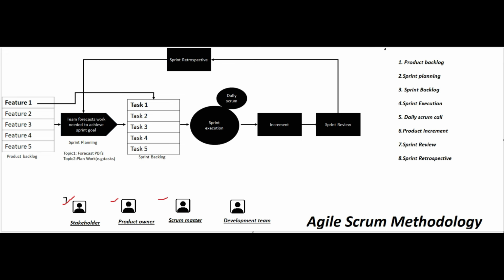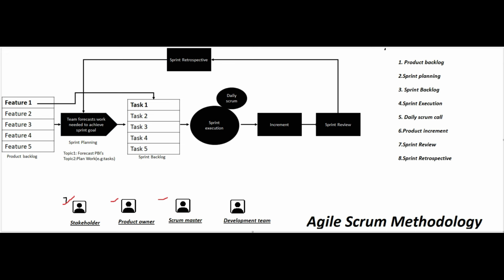Why? Because they are the ones sponsoring the budget to develop the project or the product. So stakeholders usually keep a healthy relationship with the product owner and share the important product details. These stakeholders are responsible for conveying their concerns to the PO and providing regular feedback on the product.